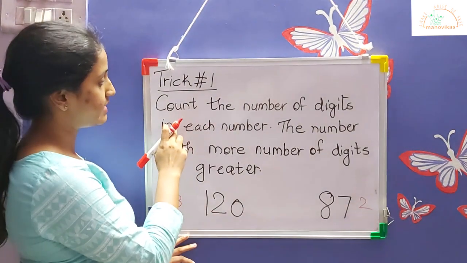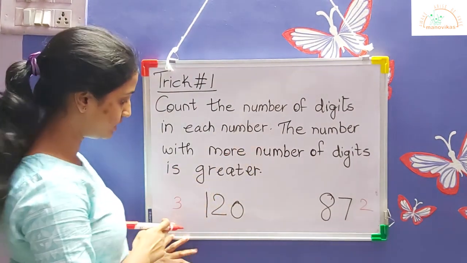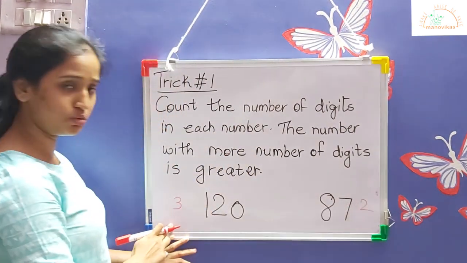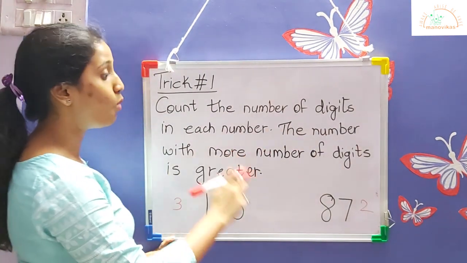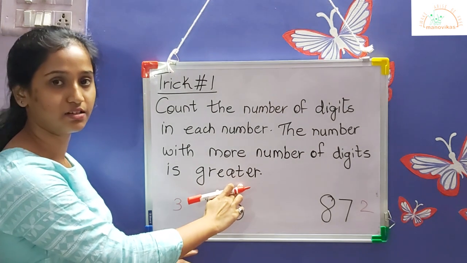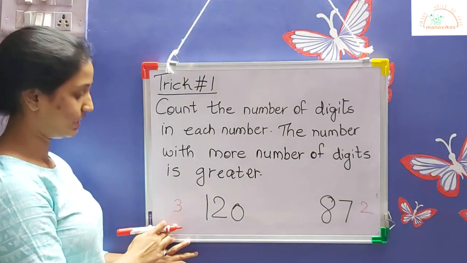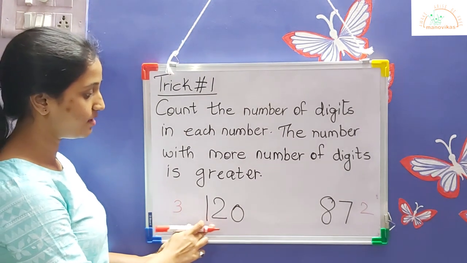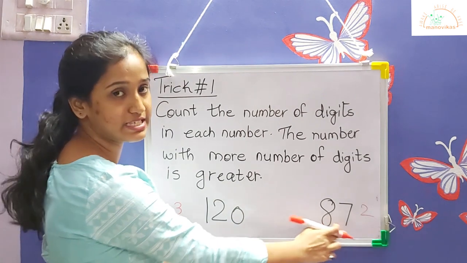So they said count the number of digits in each number. Okay? That we did here. 3 and 2. Now the next statement, the number with more number of digits is greater. Now which digit is more? Yes, 3. So we have 123 is greater than 187.